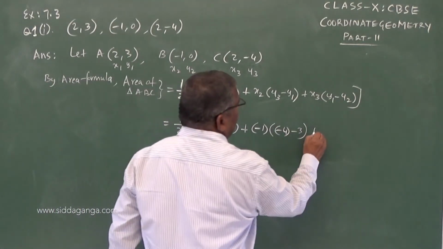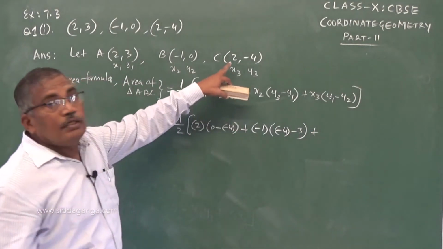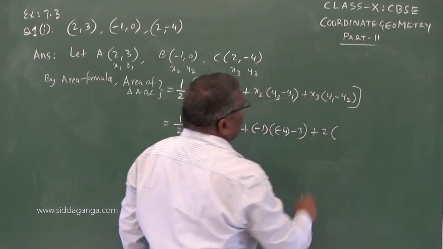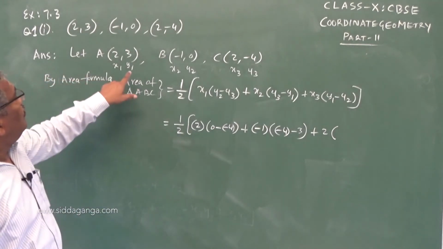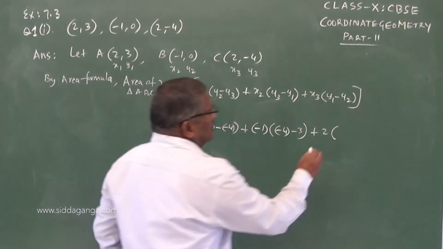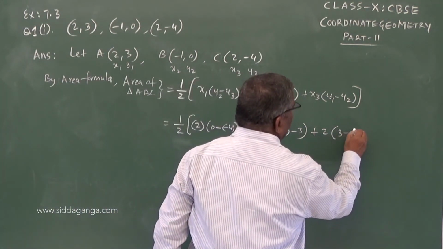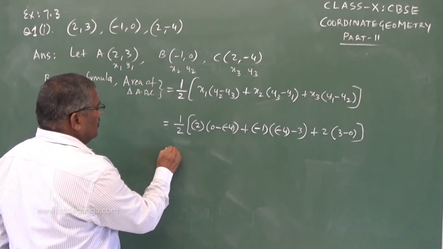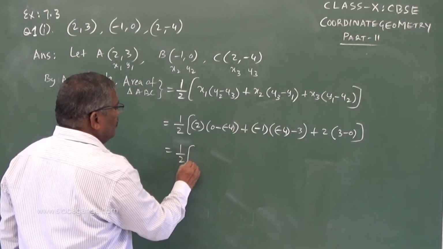Plus x3, x3 is 2, y1 minus y2: y1 is 3, y2 is 0, that means 3 minus 0. Close the bracket.